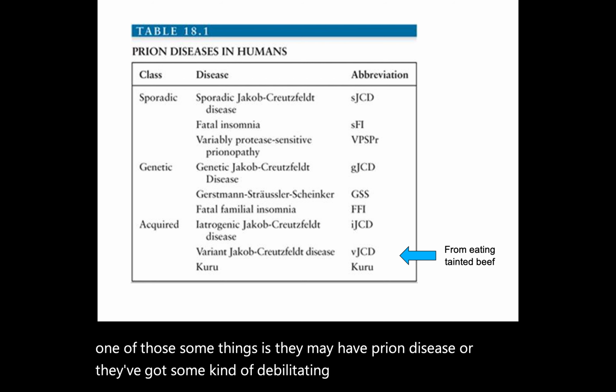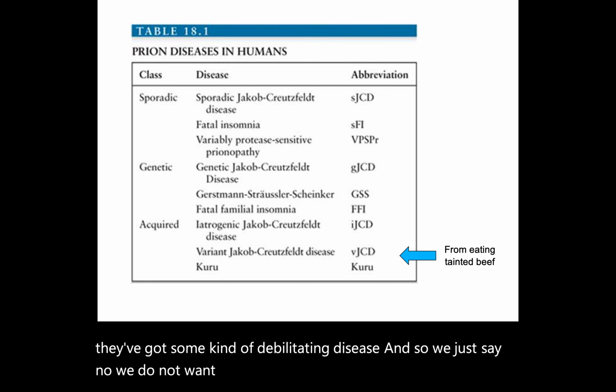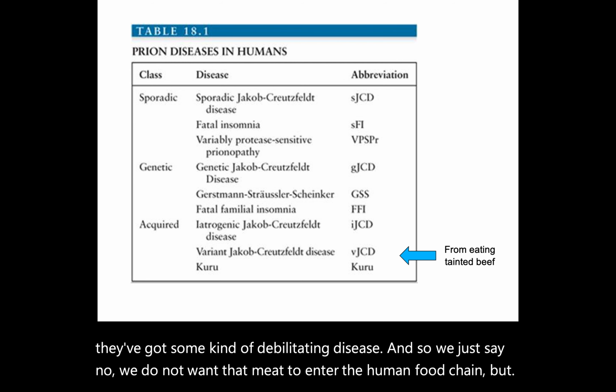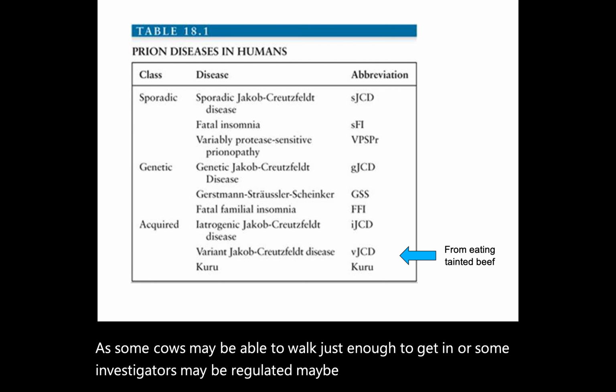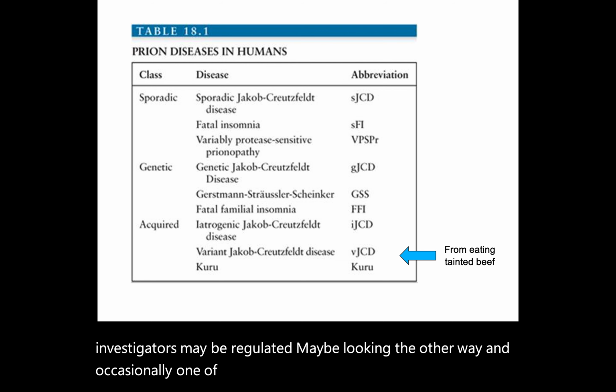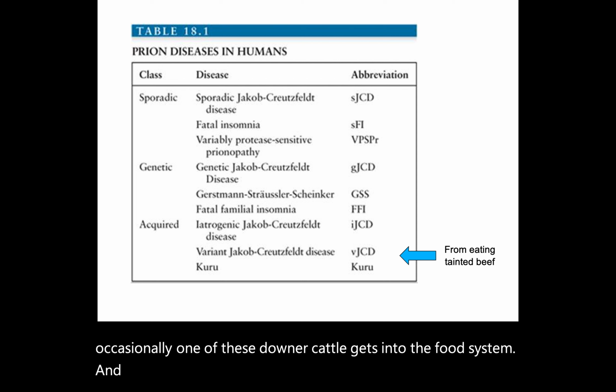And so we just say, no, we do not want that meat to enter the human food chain. But some cows may be able to walk just enough to get in, or some regulators may be looking the other way, and occasionally one of these downer cattle gets into the food system and can then cause disease in humans.